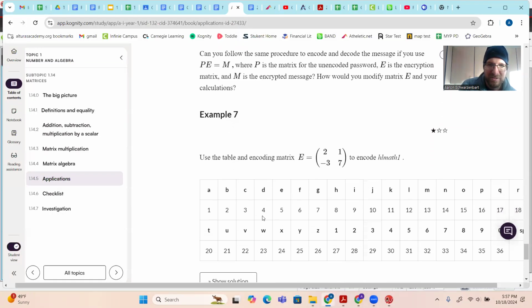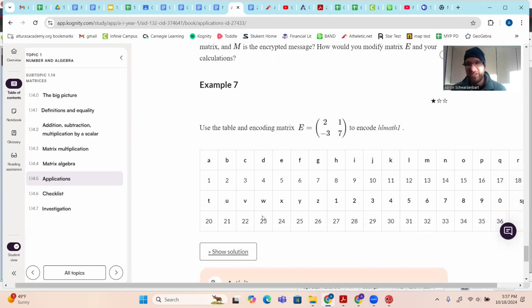This next one, we're going to encode HL Math 1. They gave us a new matrix E. So HL Math 1, this is a 2 by 2, so I need a 2 by something. I think it's going to have to be 1, 2, 3, 4, 5, 6, 7.